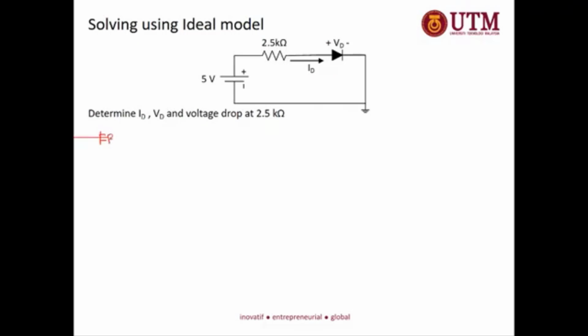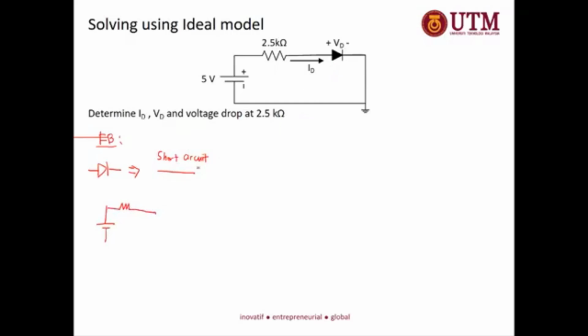So the diode operates at forward bias. When it is in forward bias, the diode can be replaced with a short circuit. So you can redraw the circuit.